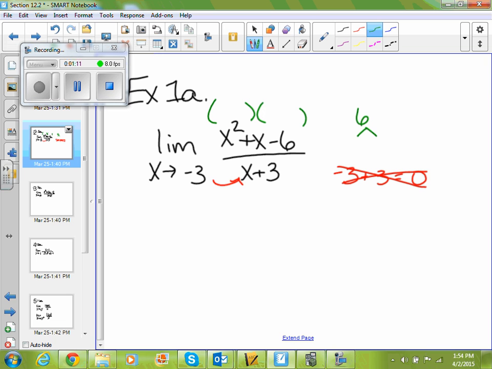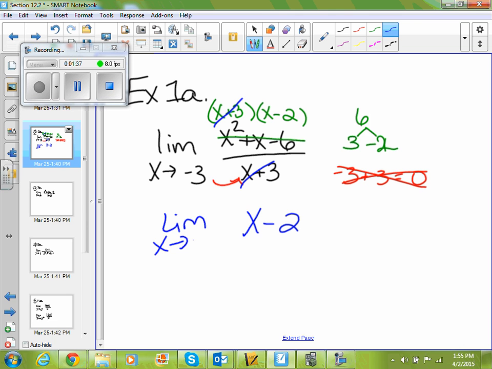Yep, so factors of 6 that subtract to 1 are 3 and 1. No, 3 and 2, sorry. So x plus 3 and x minus 2 is how that top factors. There you go, so you cancel your x plus 3 and you're given x minus 2, so the limit as x approaches negative 3 of x minus 2.